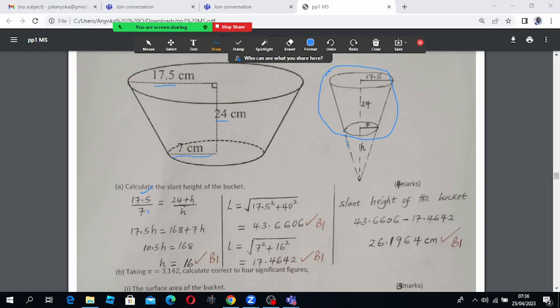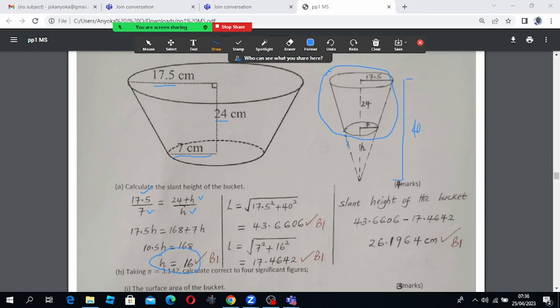The big radius over the small radius equals the full height of the cone over the height of the cone that was cut off. So cross multiply, you get this one as 16. And then if we have 16, the complete height will be 16 plus 24, which gives us 40.